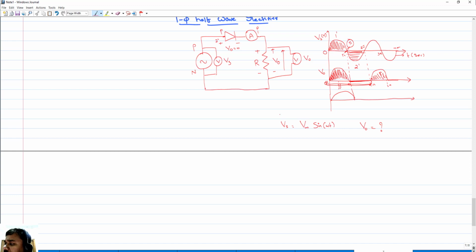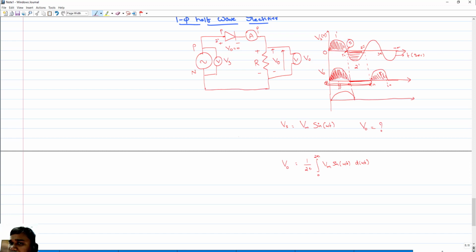Basically, since we are using a resistive load, we can easily find out the value of V naught. V naught is equal to 1 by 2 pi integral 0 to 2 pi Vm sine of omega t d omega t.